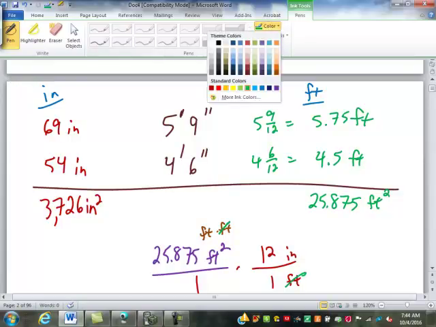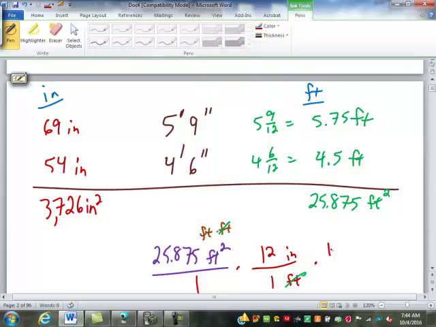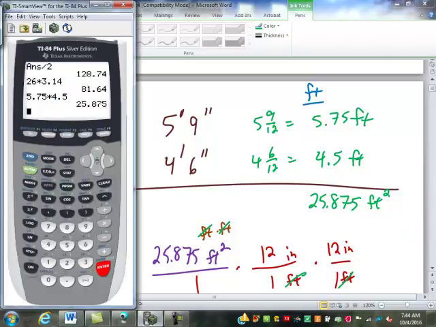So like Adam said, technically we would have to do it twice. So it cancels out both of the feet. And now we have inches times inches makes square inches. And if we look at that, 25.875 times 12 and times another 12 does give us our 3,726 square inches.